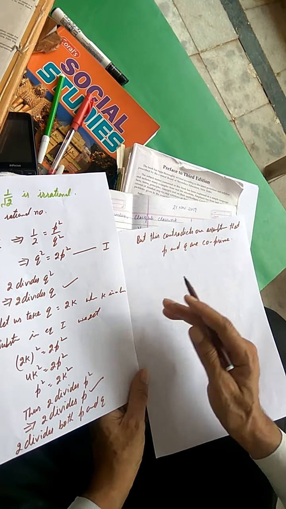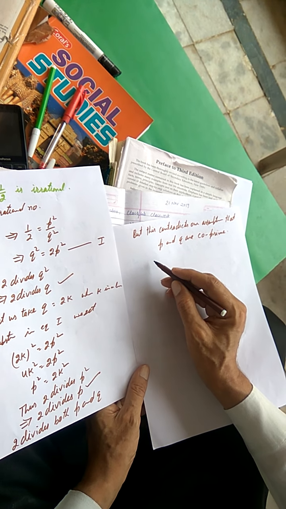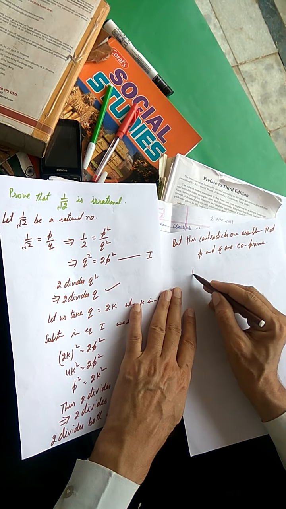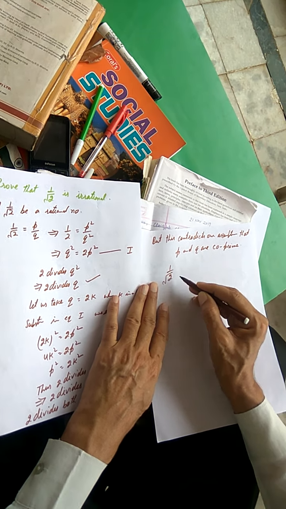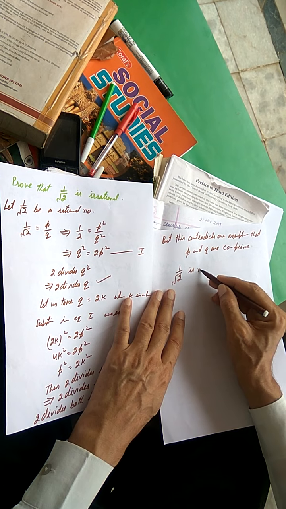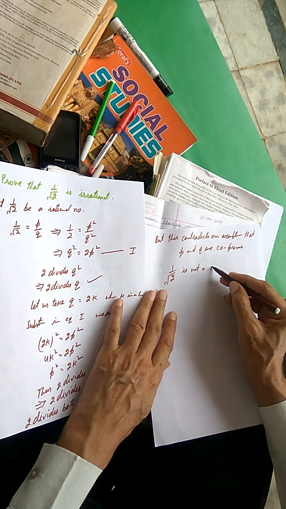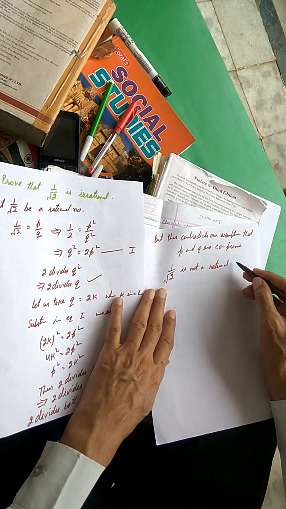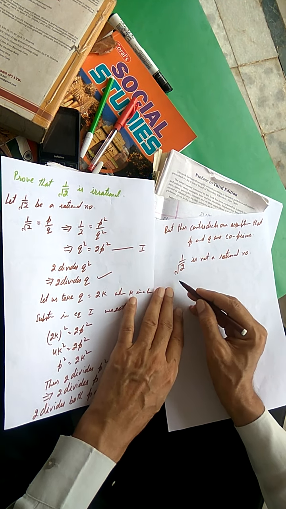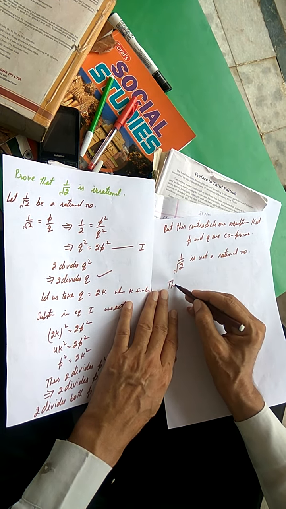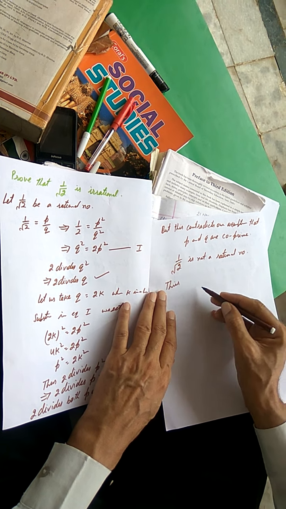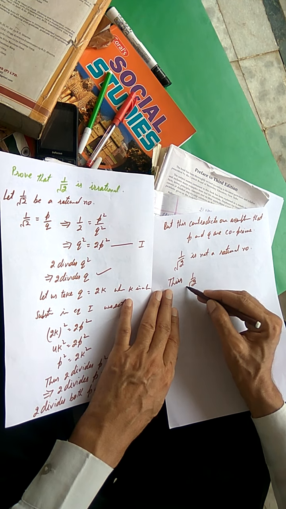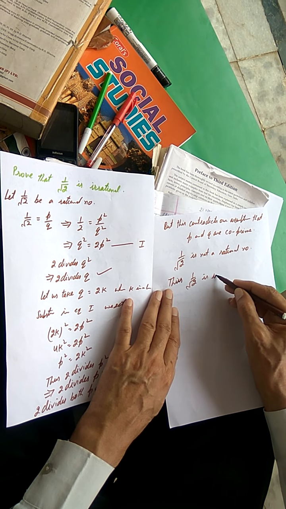That means 1 upon root 2 is not a rational number. Thus, 1 upon root 2 is irrational.